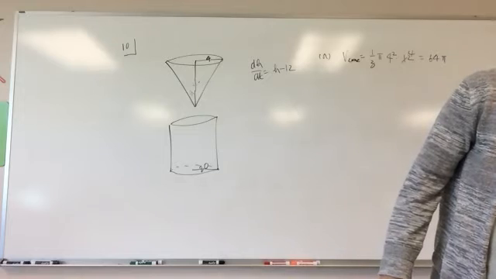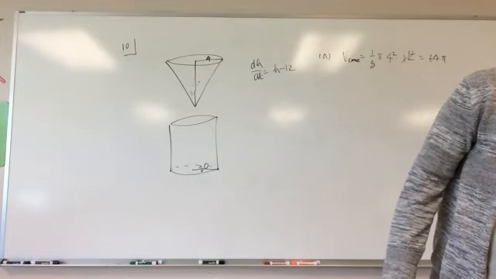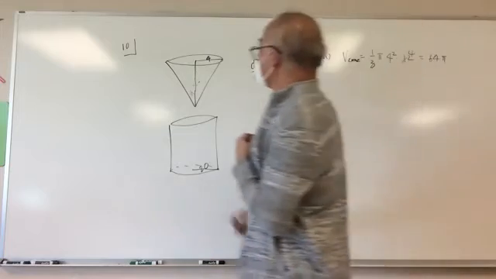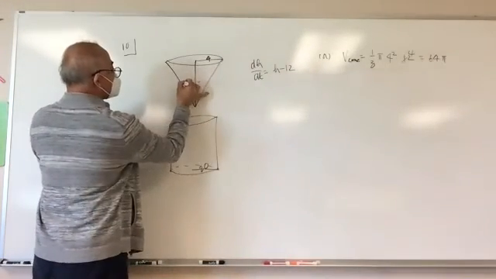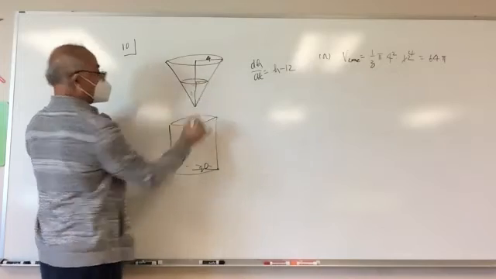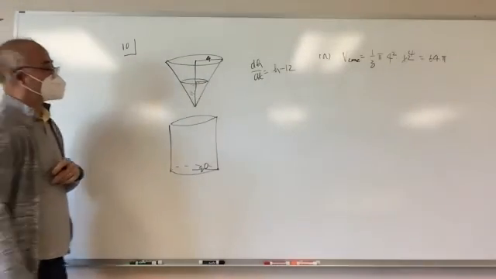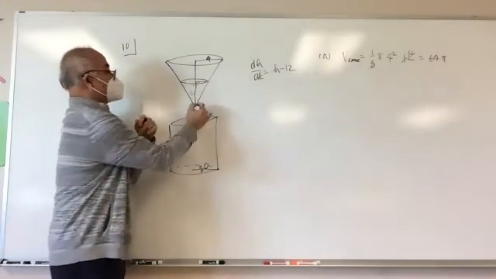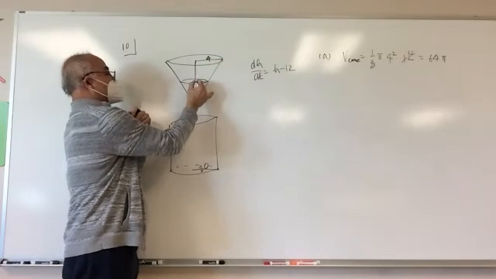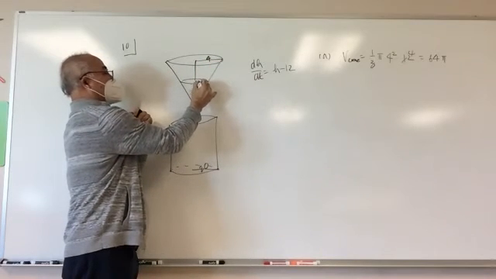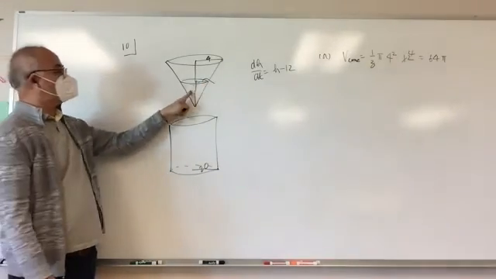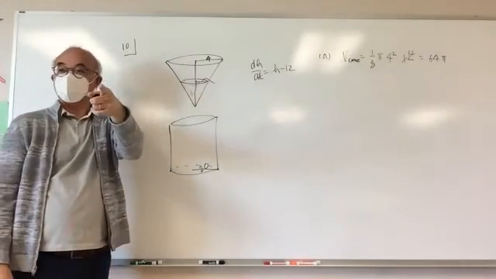B, write an expression for the volume of the water in the inverted conical tank as a function of H. So I want to know the volume of the water as a function of H. So this is 12 to 4, which just says that this is H, so this is going to be what? 12, 1/3 of it, right? 1/3, that's 1/3.